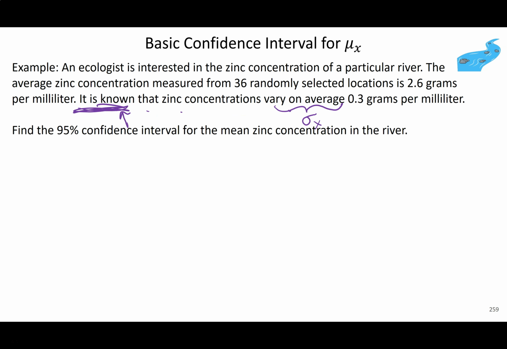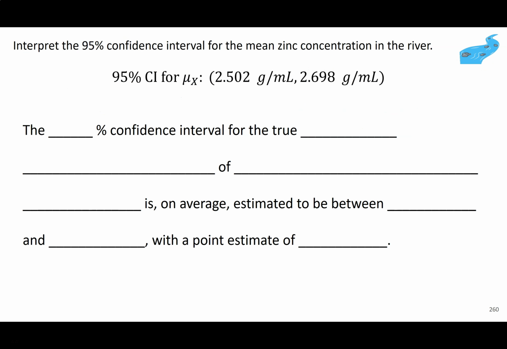So zinc concentrations vary on average 0.3 grams per milliliter. So x is just your zinc concentration of location. So it varies from location to location. So find the 95% confidence interval for the mean zinc concentration of the river.